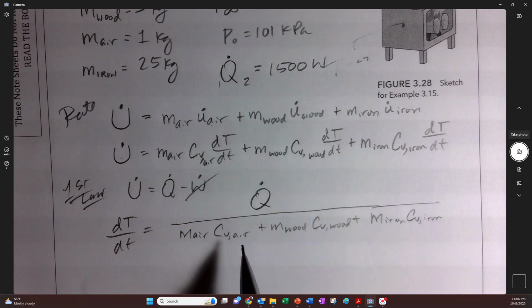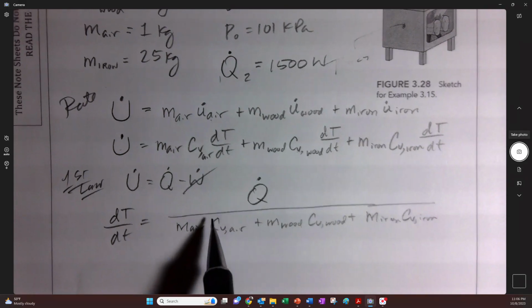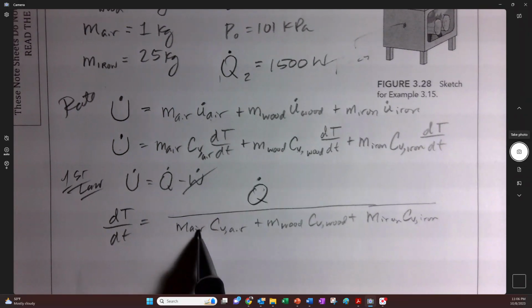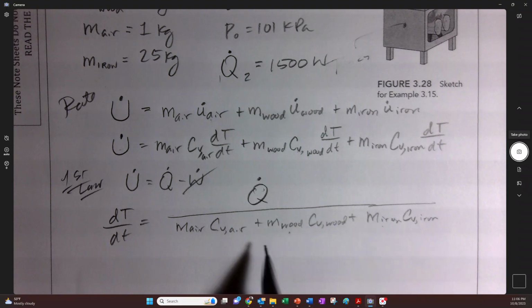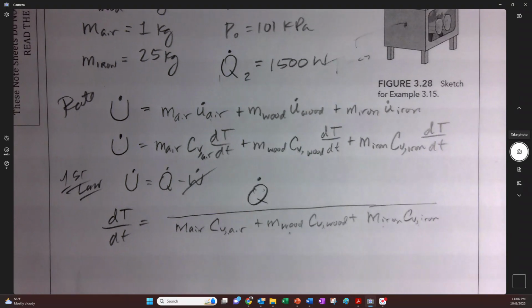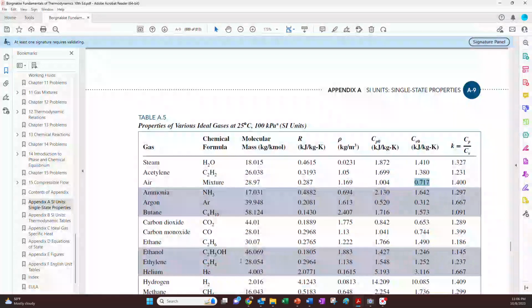Okay. Given. Look it up. So let's look it up. We're going to find these. And right here for air, it's 0.717. I already had it highlighted.